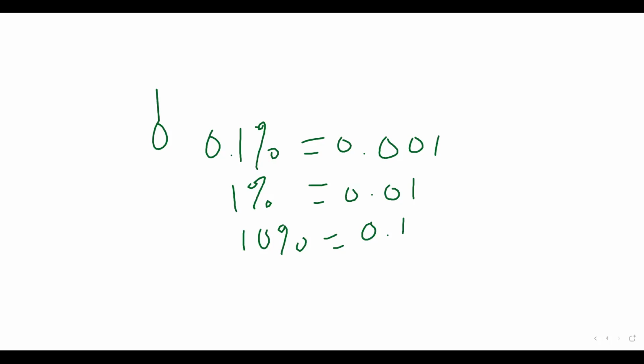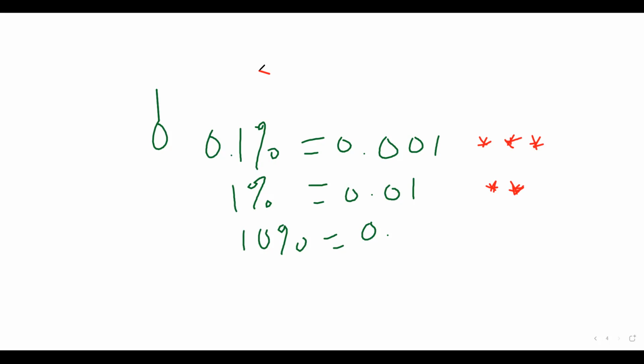Let me give it a different color. I will give it a star, another star, and a third star. That means it is 0.1%. When it is 1%, it gets a double star, which means the variable is significant at 1%. Now listen.